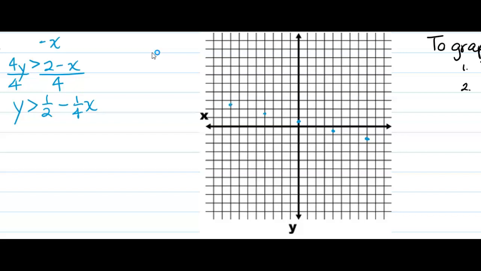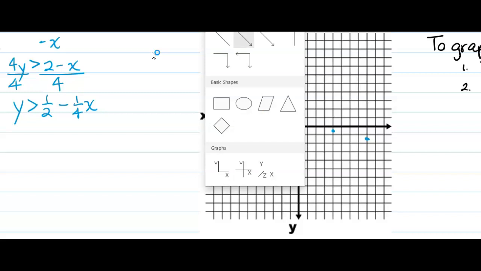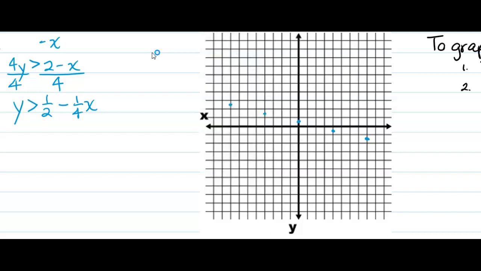Now because I like really nice lines, straight lines that is, I'm going to grab my line feature and I'm going to put this line right through the points as nicely as I possibly can. Take your time for this part.